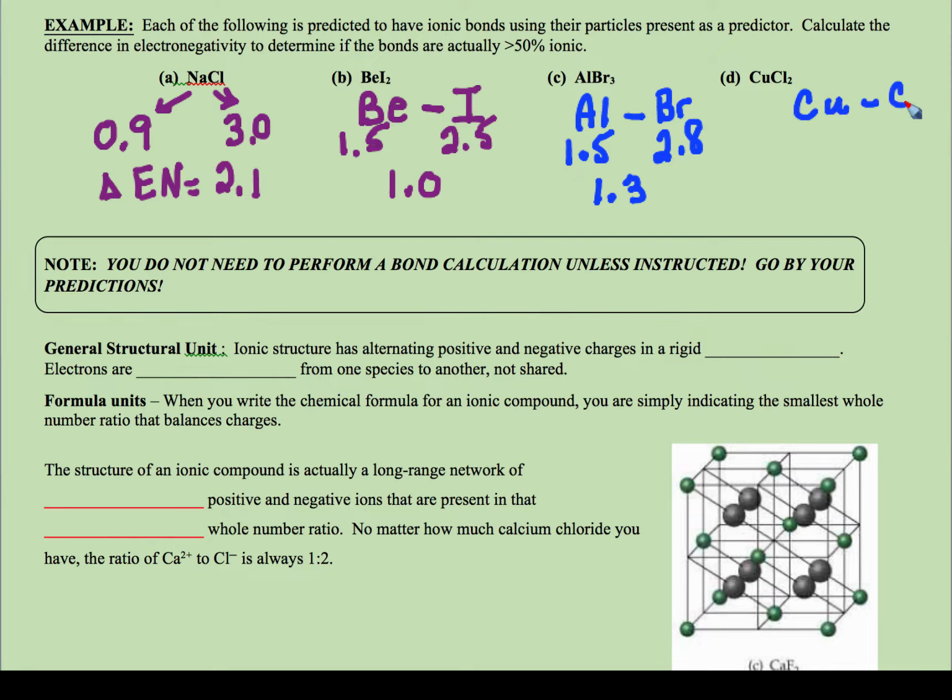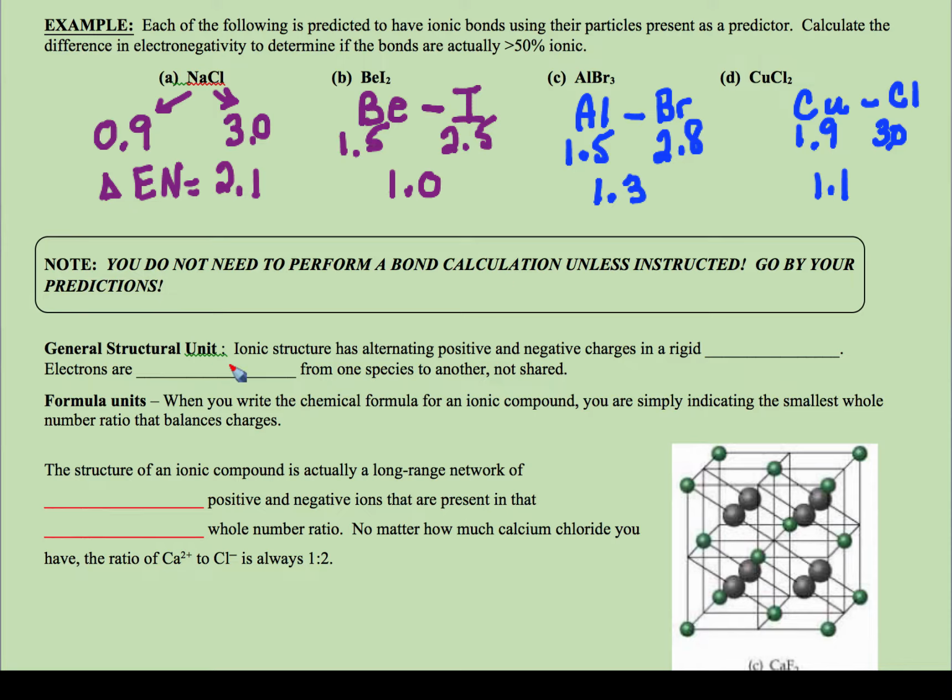Copper to chlorine. Copper is 1.9. Chlorine is 3.0. My difference is 1.1. So again, we classify. Typically, you're going to go based on your classifications, but this gives you an idea of how you can actually use electronegativity to calculate it.